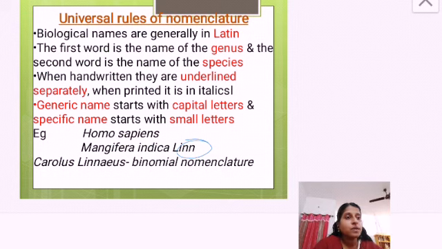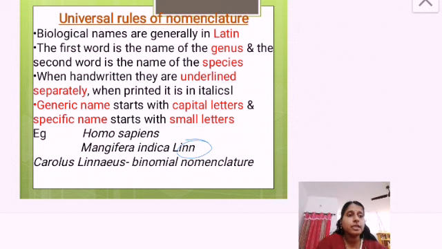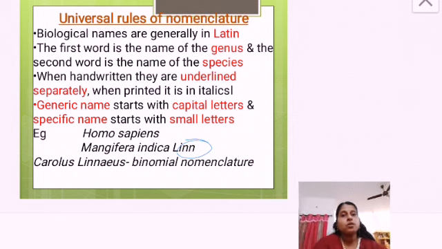At the back of the species name, the name of the scientist who discovered it is given in short, but in all cases it is not applicable. Some plants do write the name of the inventor after the species name.